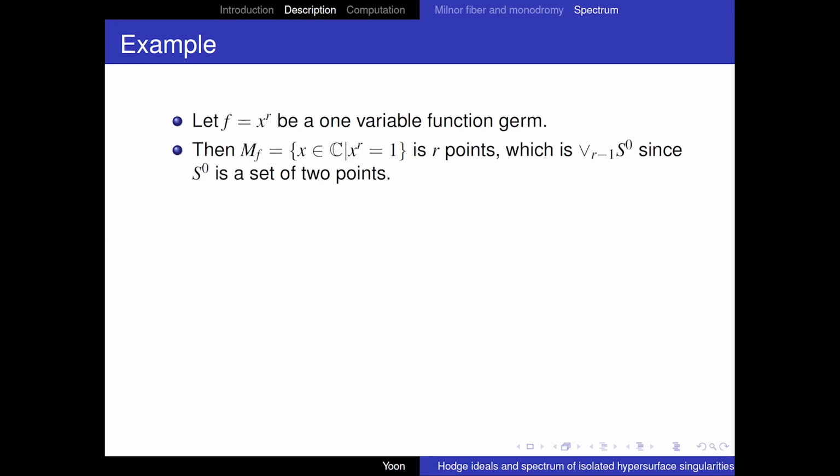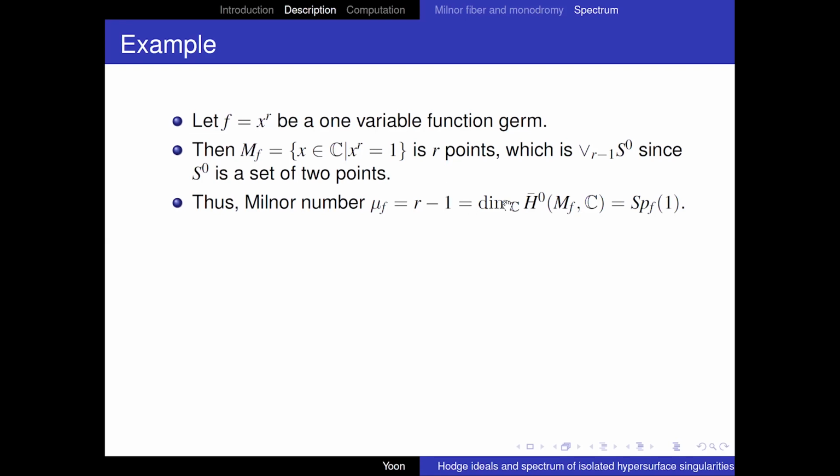That is 2 points, right? So when you make a bouquet, you glue these spheres at one point, then that becomes r minus 1. R points is r minus 1 spheres, a bouquet of spheres.